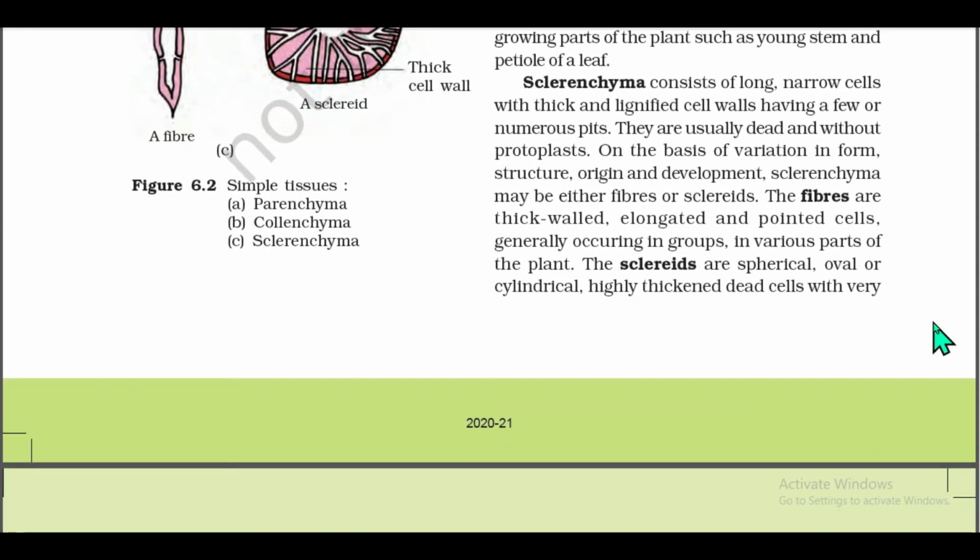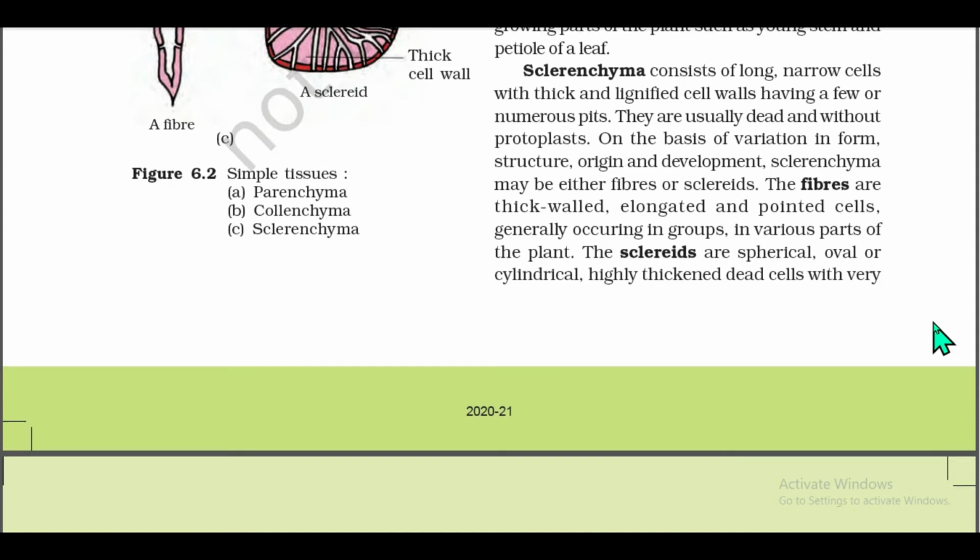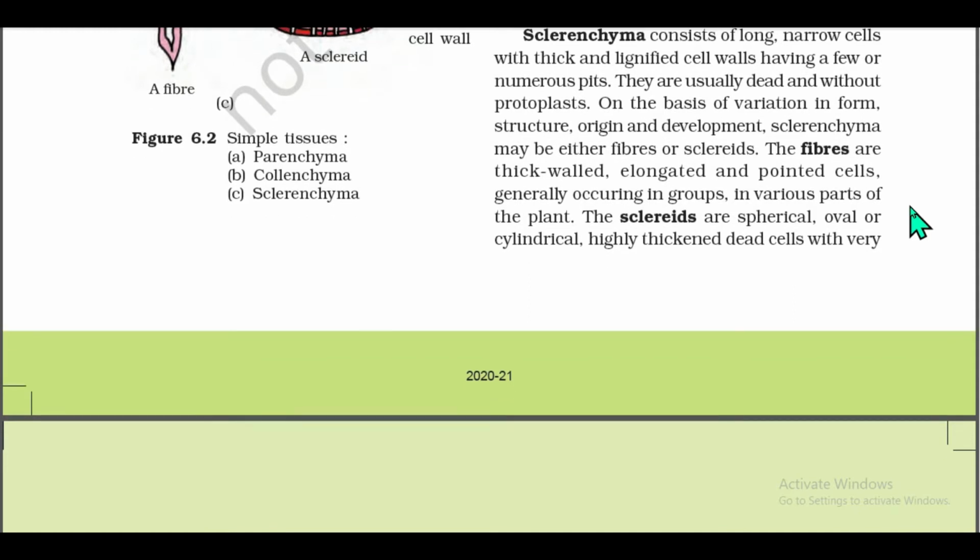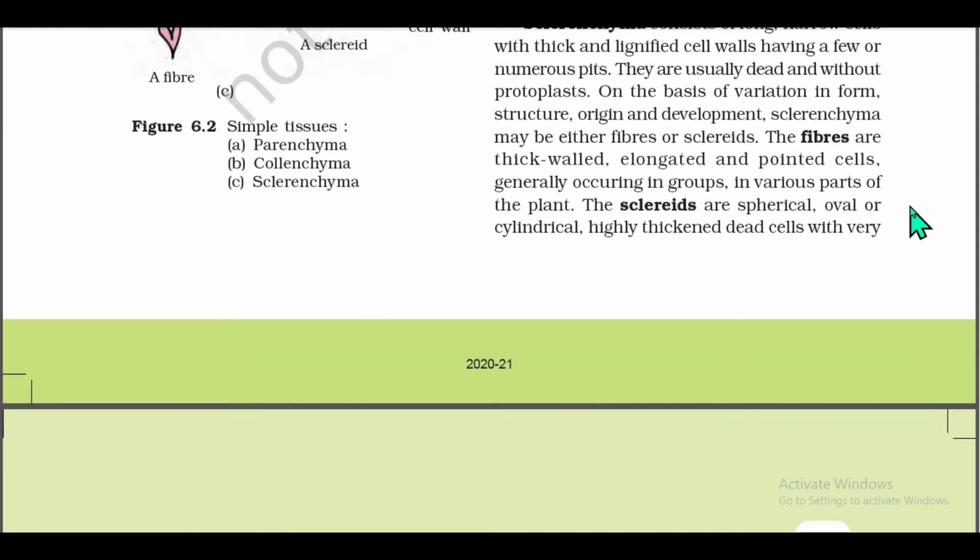Sclerenchyma consists of long, narrow cells with thick and lignified cell walls having a few or numerous pits. They are usually dead and without protoplast. On the basis of variation in form, structure, origin and development, sclerenchyma may be either fibres or sclereids. The fibres are thick-walled, elongated and pointed cells, generally occurring in groups in various parts of the plant.